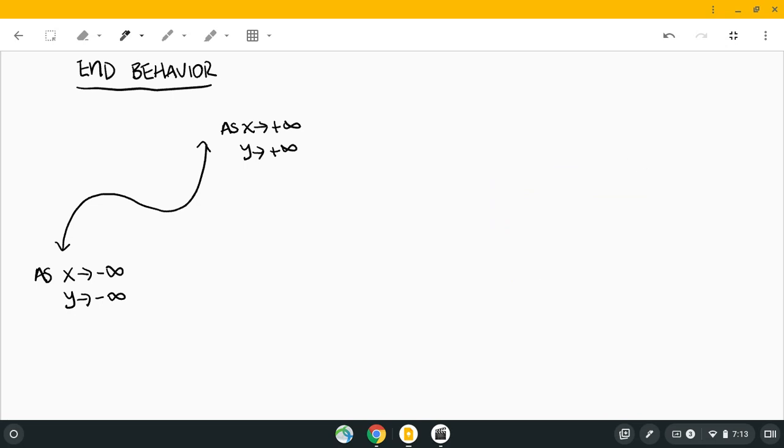All right, let's take a look at another graph. Suppose that you have a graph that does this. Over here, the left-hand behavior is as x goes towards negative infinity. Well, we see the left-hand behavior, which is x going towards negative numbers, we see that the graph goes up.